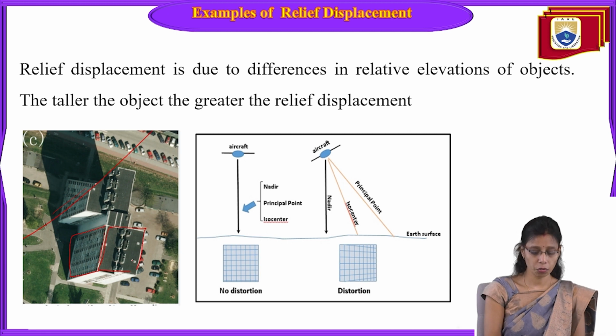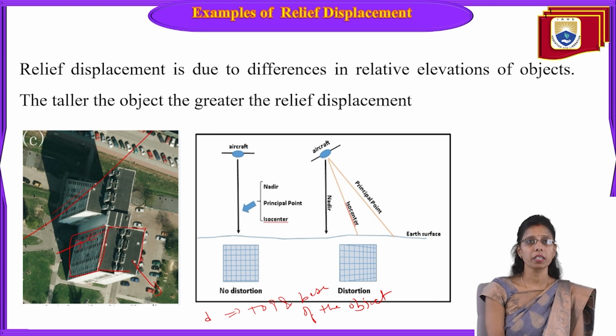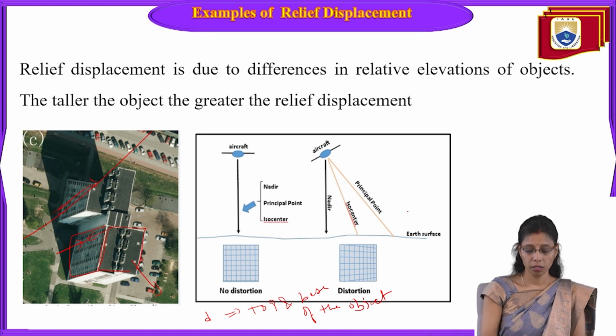First thing, we have to find D. So what is D here? D is the top and base of the object. You have to measure the distance from top to the base. Now here in this picture also you can see the displacement.